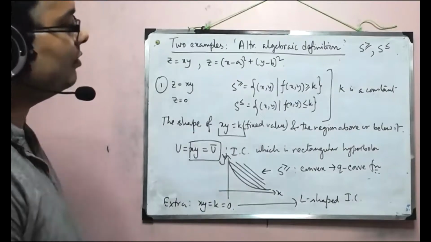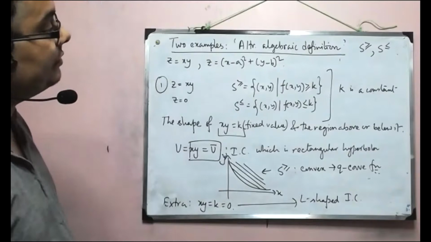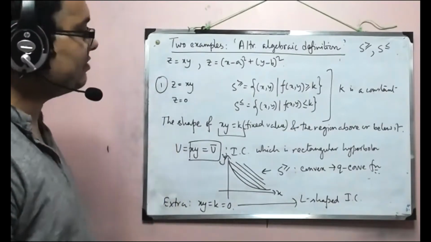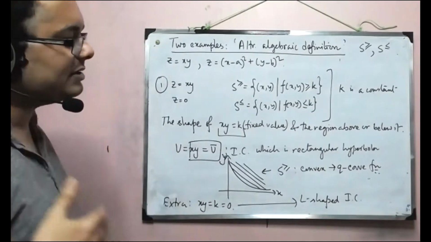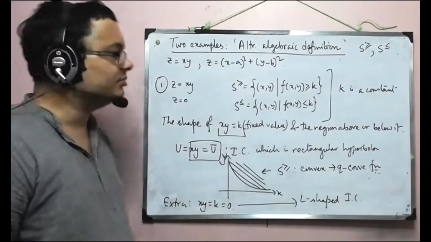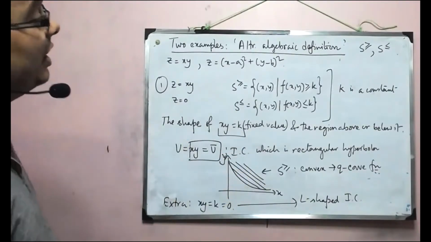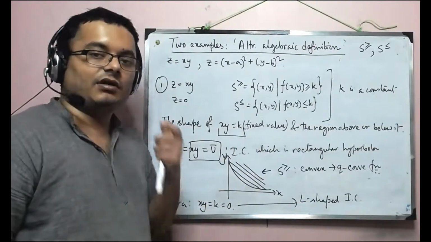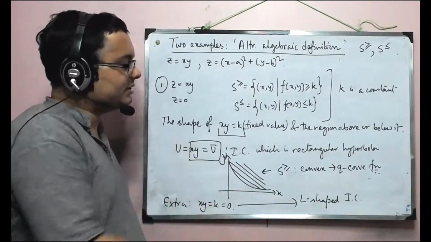Now we are going to look at the 3D picture of z equal to xy, and we'll try to imagine the contour. That is, if we take this 3D function, we try to imagine how it creates an image on the xy plane, and we'll understand how this result comes in.